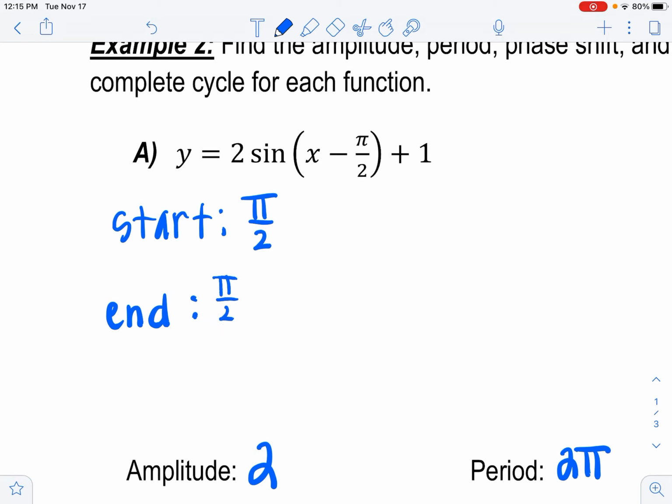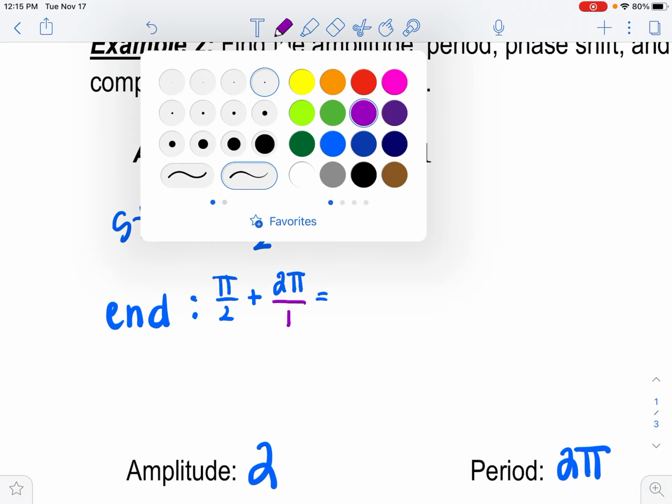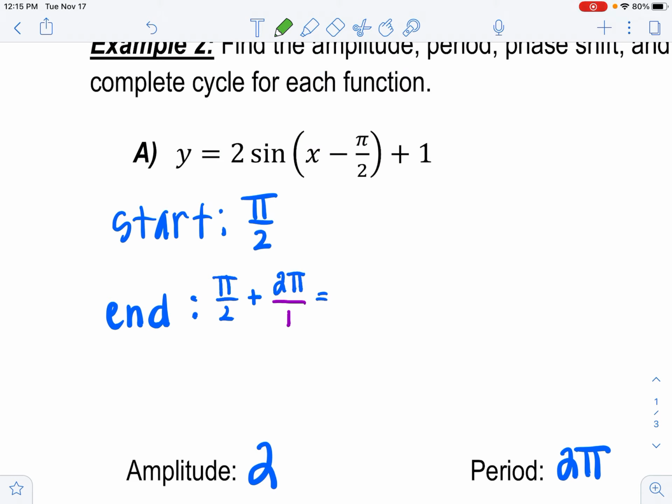Okay? So to figure out where this ends, I'm going to take the start and I'm going to add how long it is, which is the period, 2 pi. In order to add these two, one of them is a fraction. So the first thing I want to do is make this a fraction by putting it over 1. Now I need a common denominator. My common denominator is 2. So I'm going to multiply this by 2.